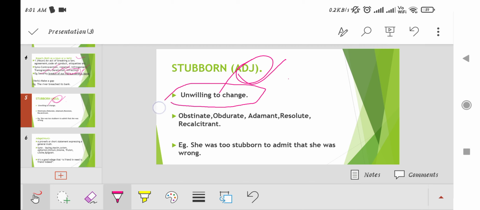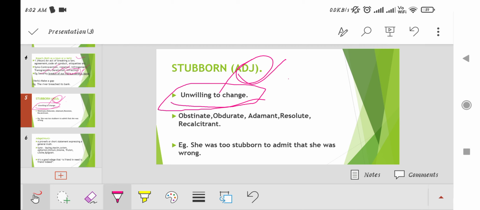Unwilling to change means if someone has decided to do something, he is not willing to change anyhow, come what may. Through thick and thin, he will do what he decided to do.